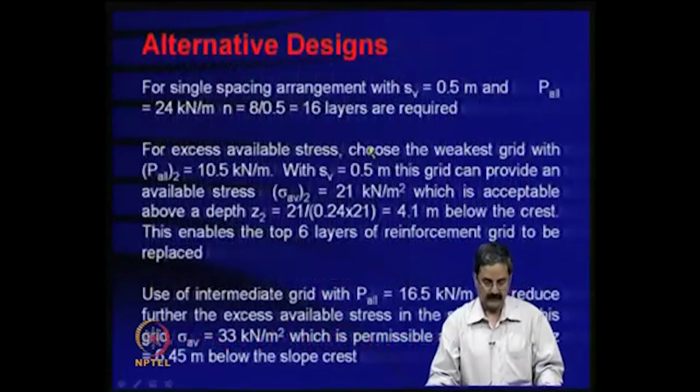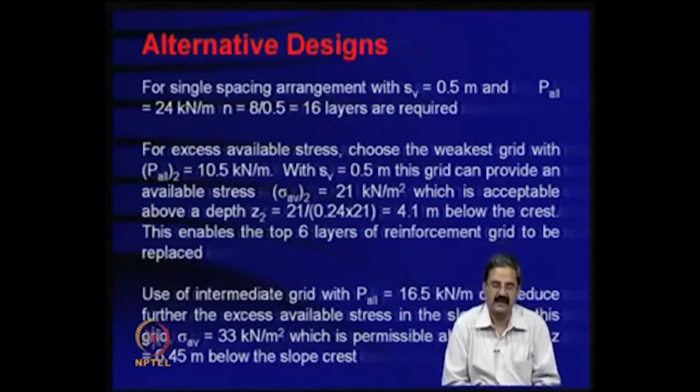Now, suppose you are going for a single reinforcement layer throughout that 8 meters level. The allowable is 24 by 24, and at 0.5 you have 16 layers, right, at every 0.5 meters. Actually, why is the thickness 0.5?